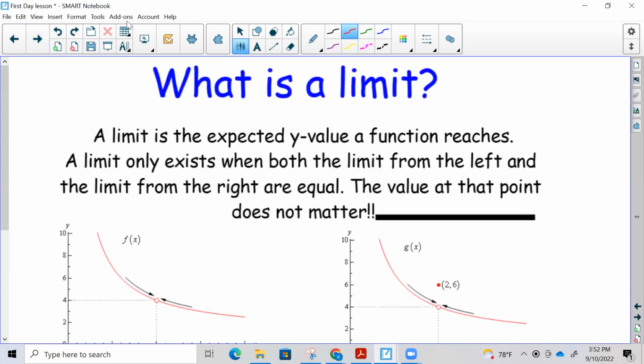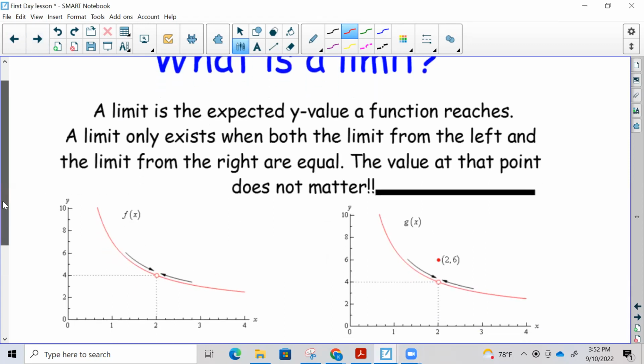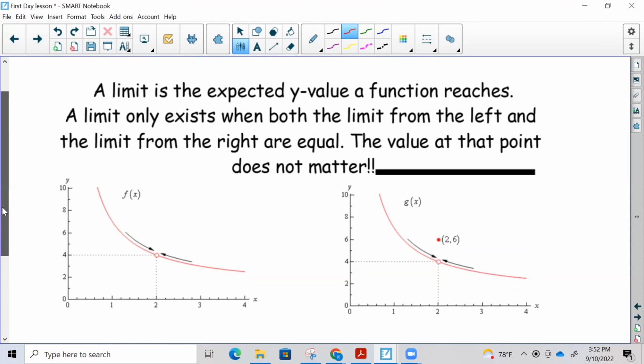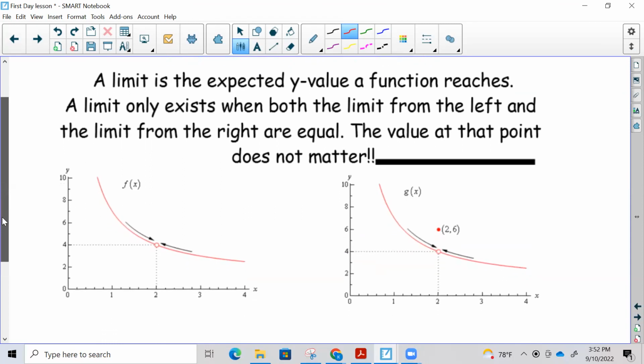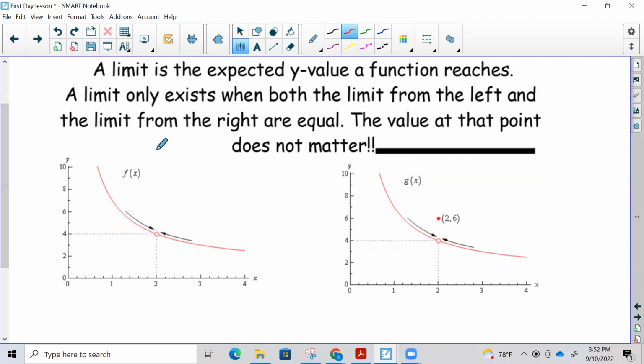So what does that mean? What is a limit? A limit is the expected y value a function reaches. The limit only exists when the limit from the left and the limit from the right are equal. The value at the point does not matter. So if you look at this function here, when I trace from left to right, my function is approaching this y value of 4.